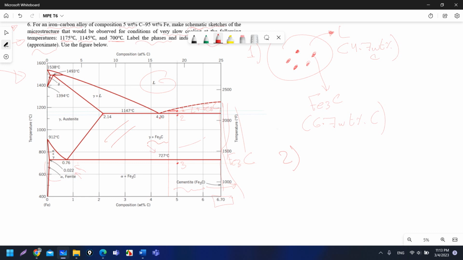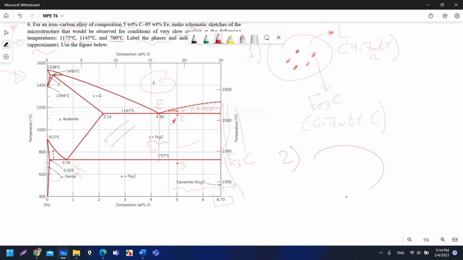So we say that always when we are below the eutectic temperature, we will have the lamellar structure, and since that is the eutectic point, and we are to the right of the eutectic point, we are in point 2, so I will have particles for the cementite because it is in the right. So I will have not only the lamellar structure, I will have also another particles for the phase that is in the right, which is Fe3C.